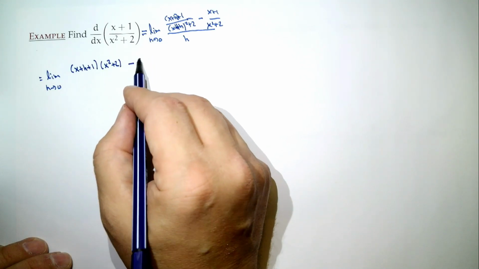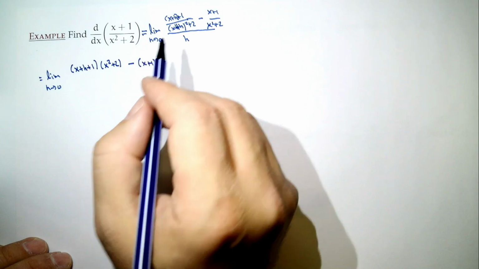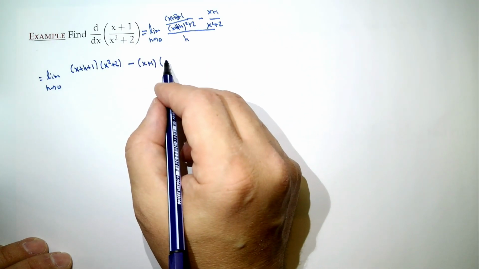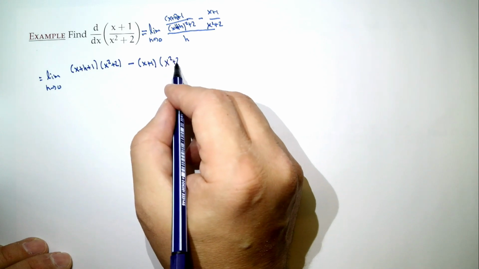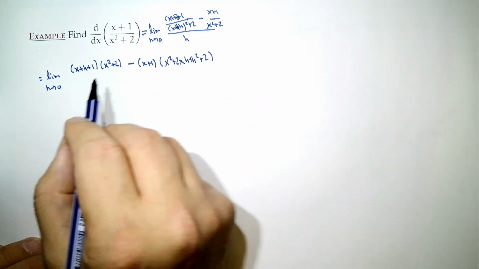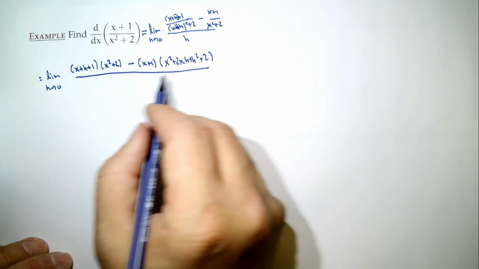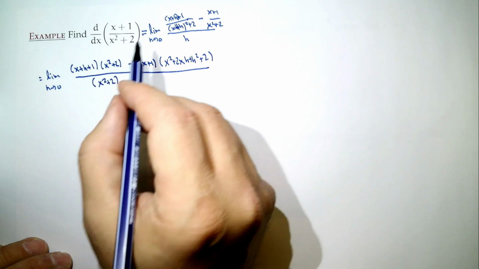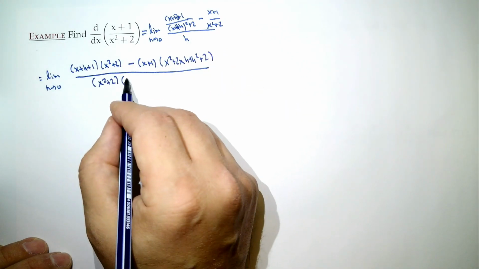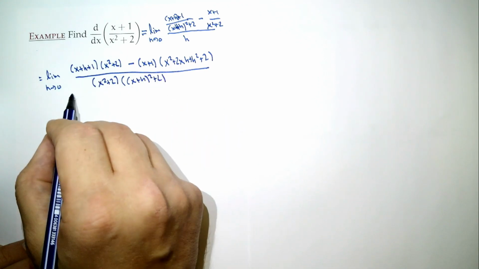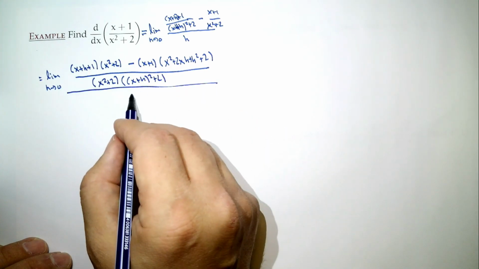On the second one, which is x plus 1, I'd multiply that by (x plus h) squared plus 2. Well, if you square that out, that's x squared plus 2xh plus h squared plus 2. All over (x squared plus 2) and ((x plus h) squared plus 2), all of that, all over h.